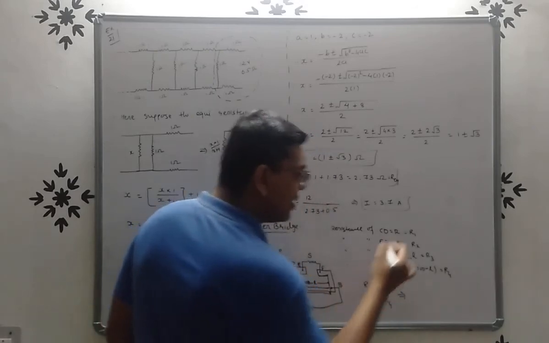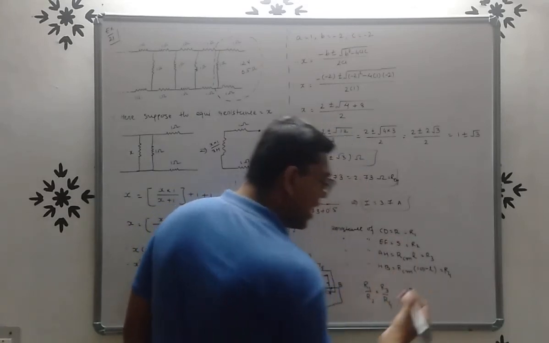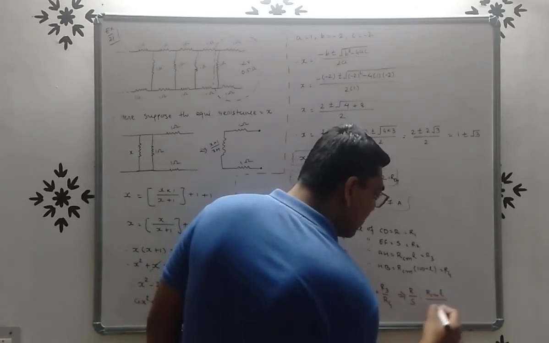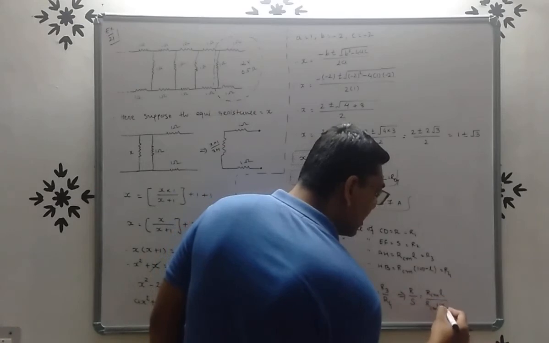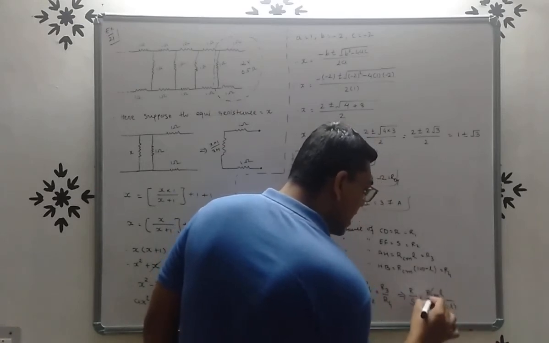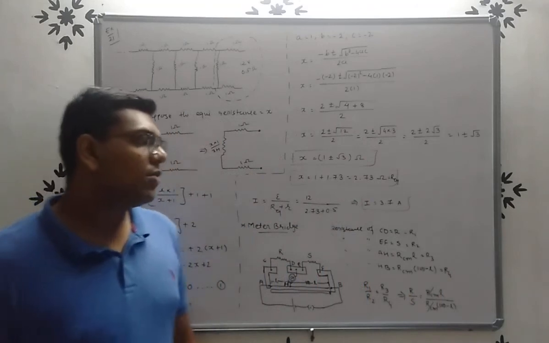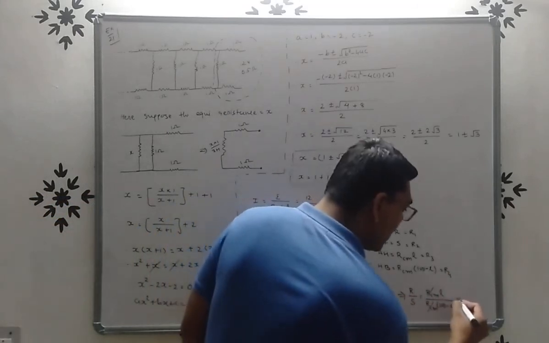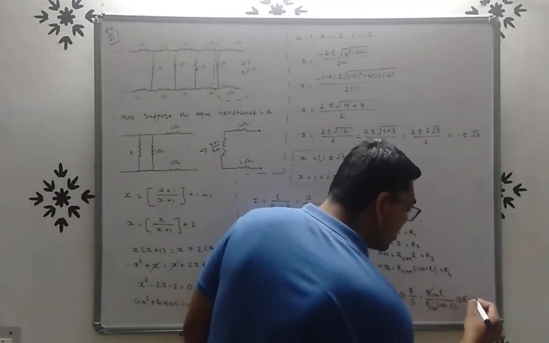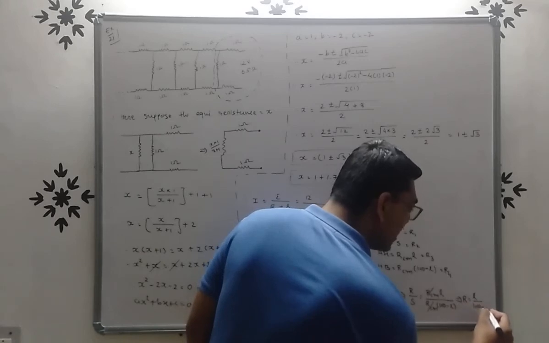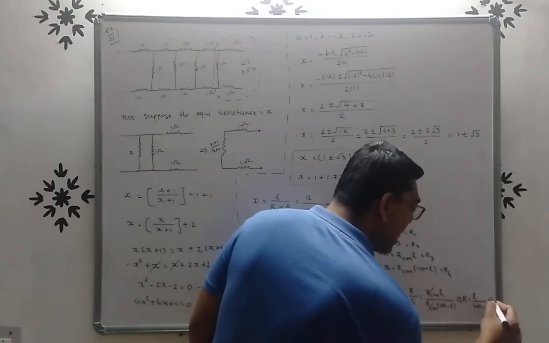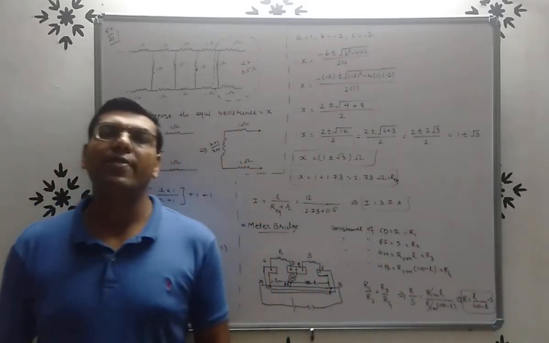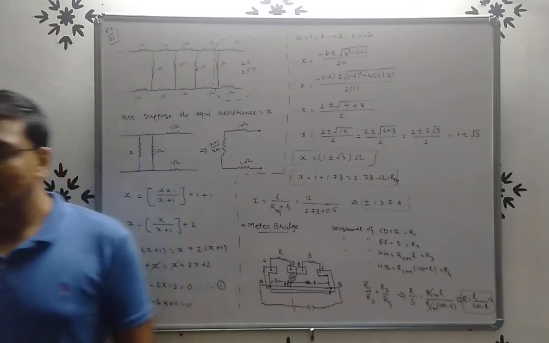So R1 is R, R2 is S, R3 is RCM into L and R4 is RCM into 100 minus L. So here RCM cancels. We have to find out the value of unknown resistor R. So we formulate R, and we get R is equal to L upon 100 minus L into S, right? So from this formula we can easily find out the value of unknown resistance, right?